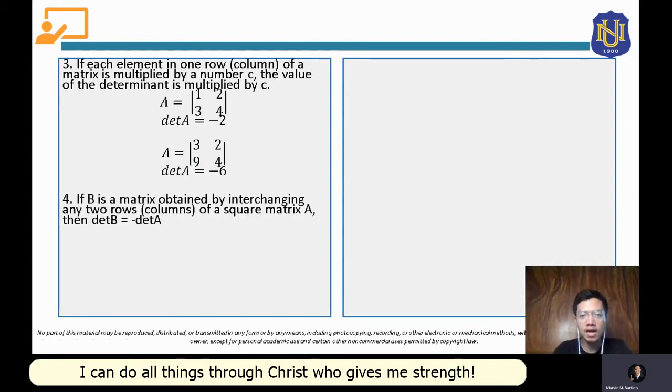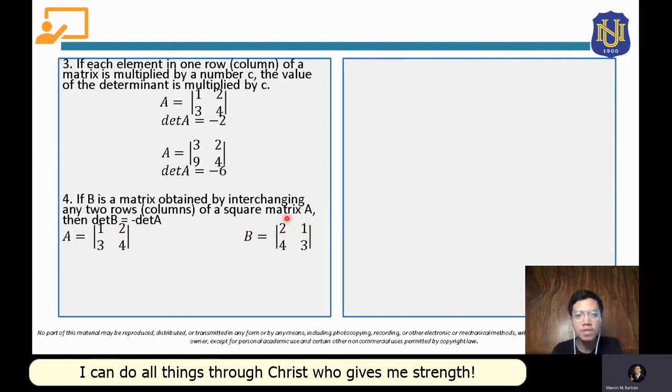Now for number 4: if B is a matrix obtained by interchanging any two rows or columns of a square matrix A, then the determinant of B is equal to the negative of the determinant of A. Let's say we have here matrix A, with elements 1, 2, 3, 4, and matrix B with elements 2, 1, 4, 3.